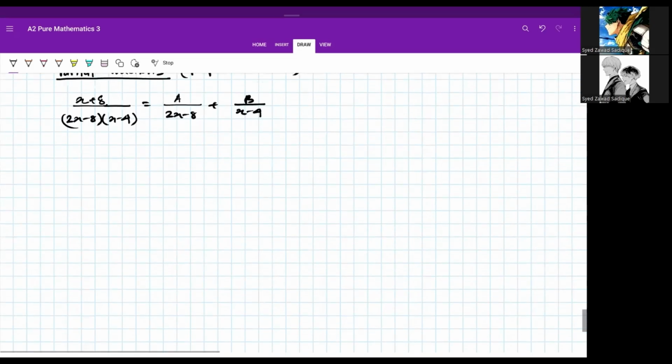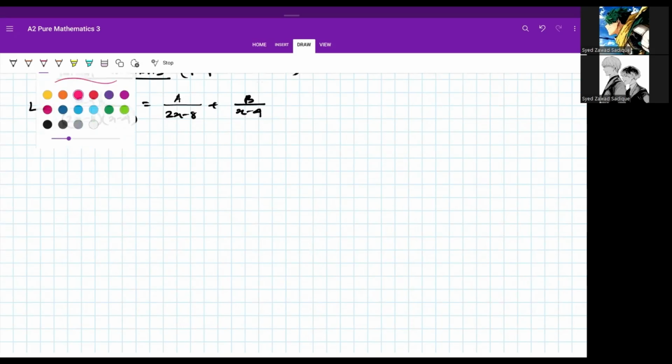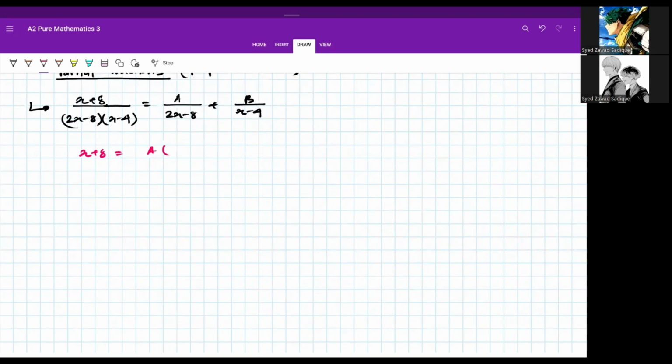Then what you do, I'm just showing you guys as an example, you move forward: x + 8 is equal to A(x − 4) plus B(2x − 8), since multiplying through, the 2x − 8 cancels out.